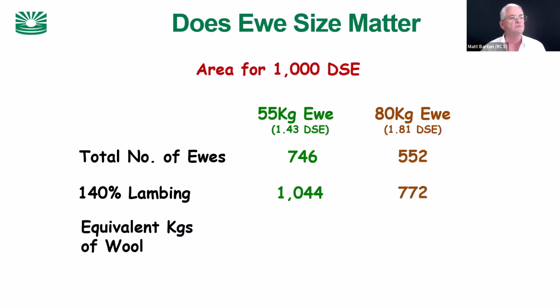The equivalent of wool, if the 55 kilo ewe is producing 6 kilos, then to be the same, the 80 kilo ewe needs to produce 7.5 kilos to give us the same wool per DSE, dry sheep area. A lot of people will tell me that they go for the big ewes so they can get bigger lambs.